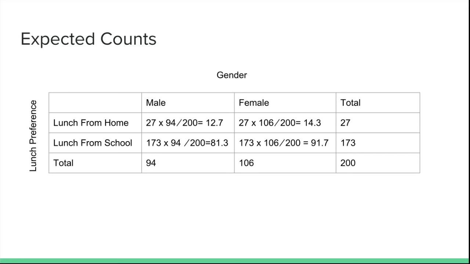The values in the first column should add up to be 94, and the values from the second column should add up to be 106. The values in the first row should add up to be 27, and the values in the second row should add up to be 173. Our expected counts table. Since our conditions are met and our tables are calculated, we now have to find P.